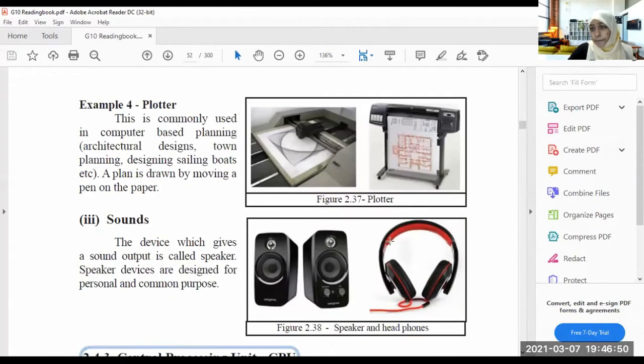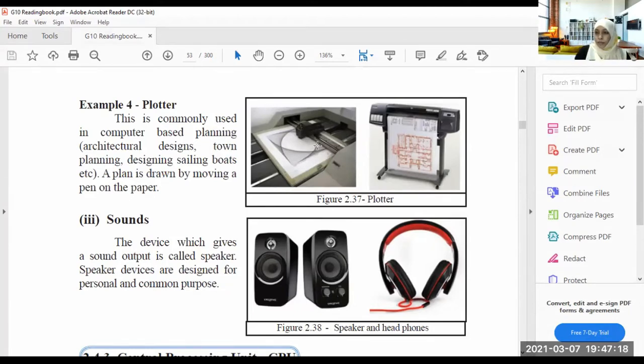Next one is the plotter. These plotter printers are used to print plans like house plans, and all these plans are printed by using these plotter printers. This is commonly used in computer-based planning, architectural designs, town planning, designing sailing boats, etc. A plan is drawn by moving a pen on the paper.